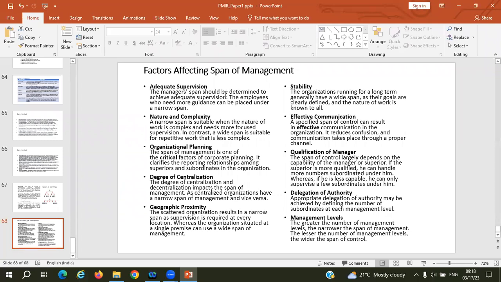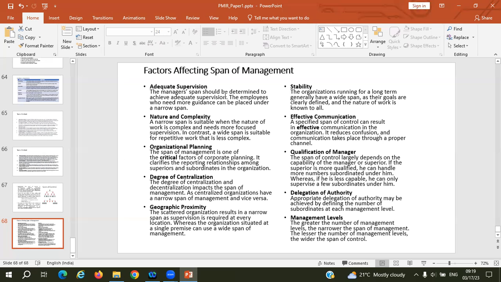The first one is adequacy of supervision. When you are deciding the structure, you consider who are the people who need more control and more supervision, and depending on that factor you decide it.